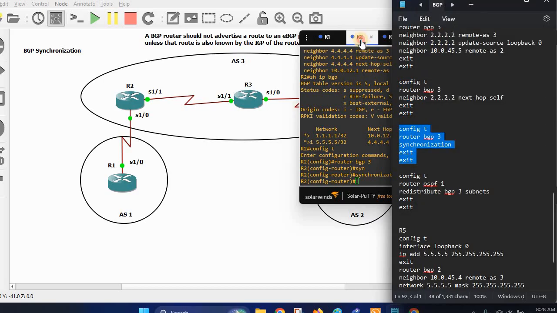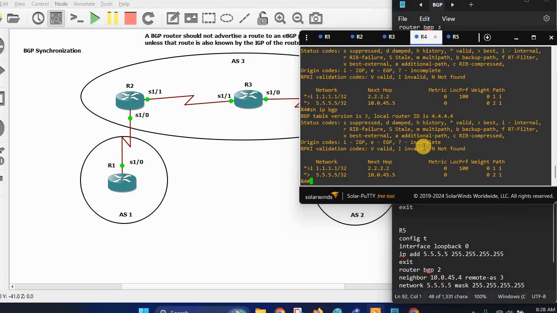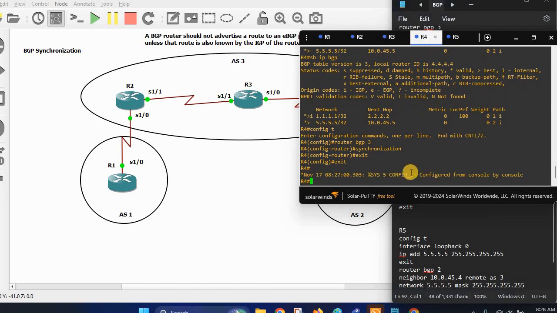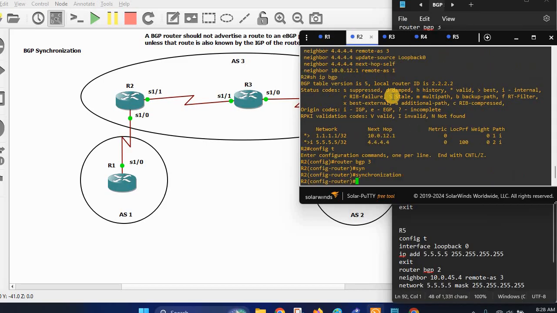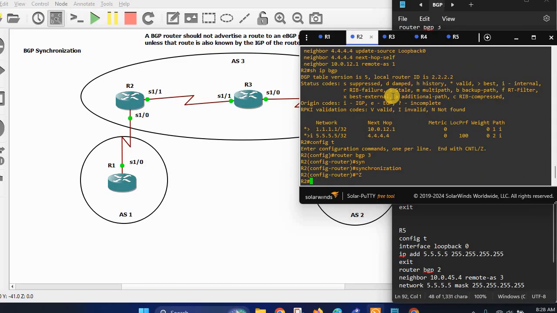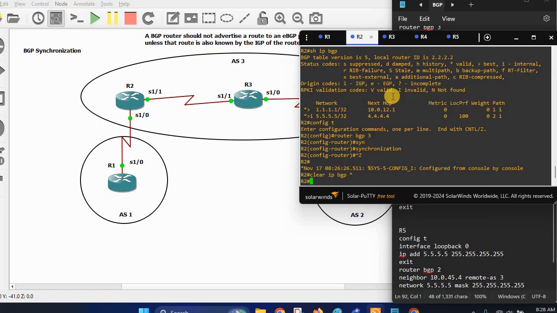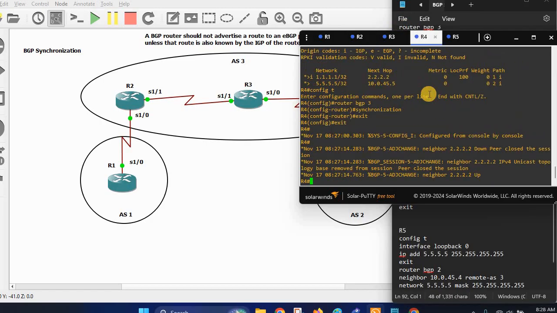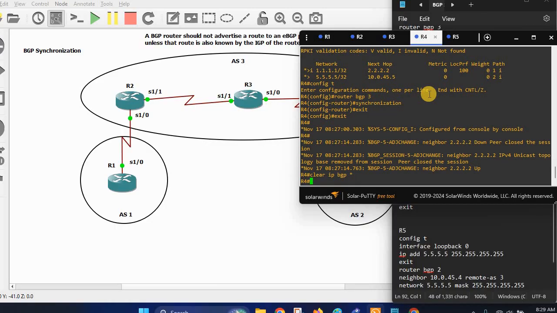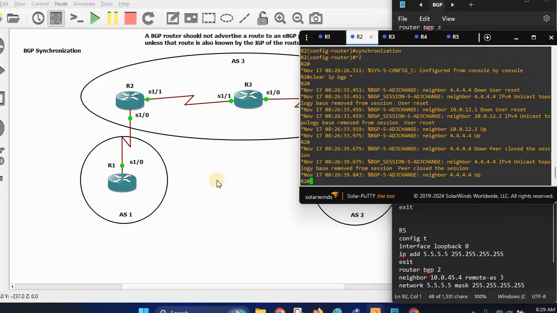R4 also, we enable the synchronization. Now we clear the BGP session, because once the BGP session is cleared we will get the correct update. Now we clear the BGP session on R2 and R4.